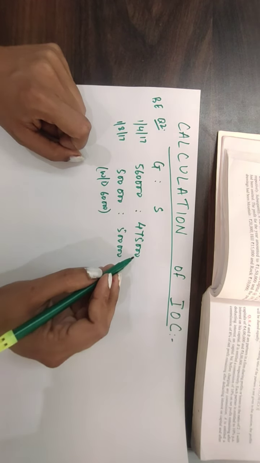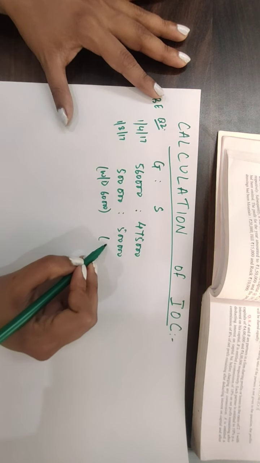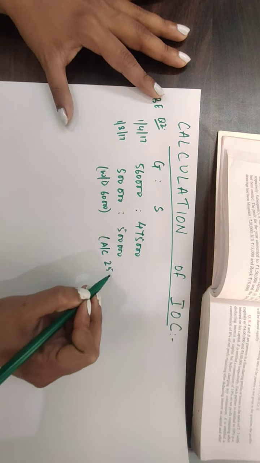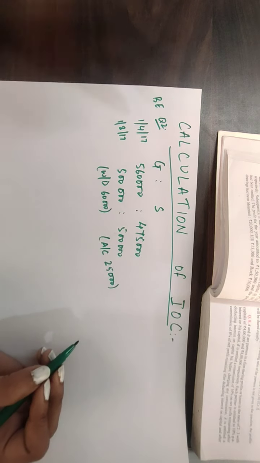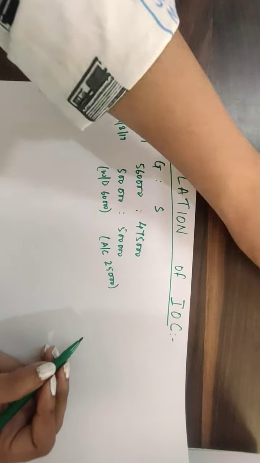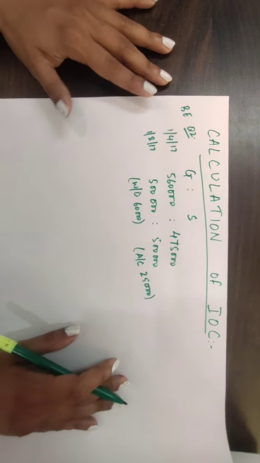And the person who was having 4,75,000 wants his capital to be 5 lakh. That means he needs to introduce additional capital, as I told in the previous video also. I'll share the link of the previous video in the description box so that the people who have not taken up the calculation part can just watch that video. Now it says the necessary adjustment is to be done and please calculate the interest on capital.